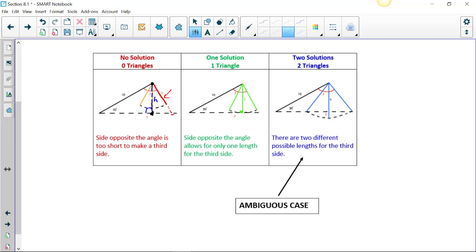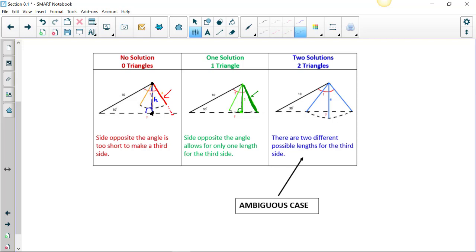It could be just long enough that it could either connect straight down or connect out here. It just depends. But in this situation, 5 is the shortest distance, so this side, if it connects out here, would have to be longer than 5. Then I could have just one exact triangle.